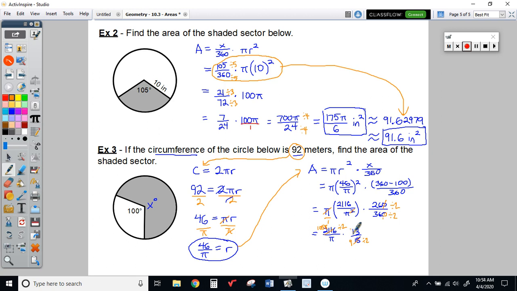So you'd have 1,058 times 13 on the top, and that would come to 13,754, and you'd have 9 times pi on the bottom, so over 9 pi. So all that said, that would be an exact form for this answer. This would be meters squared, because we're talking about area.